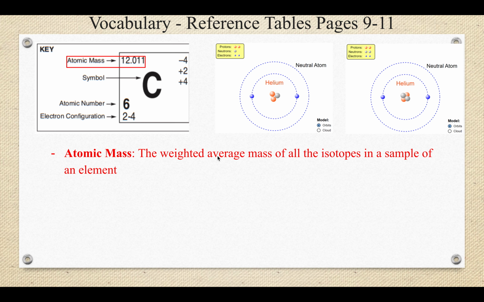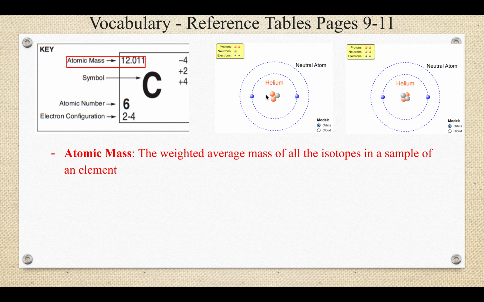So this type of helium doesn't occur very often in nature, whereas this type of helium is much more common in nature, right? So let's say 99% of all helium has 2 protons and 2 neutrons, whereas only 1% of helium has 2 protons and only 1 neutron.